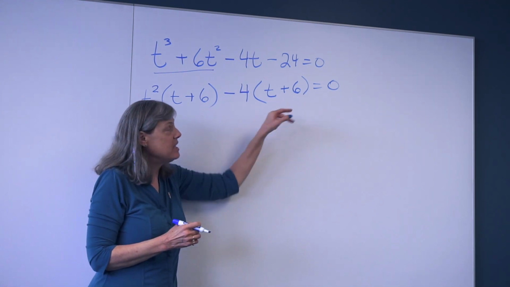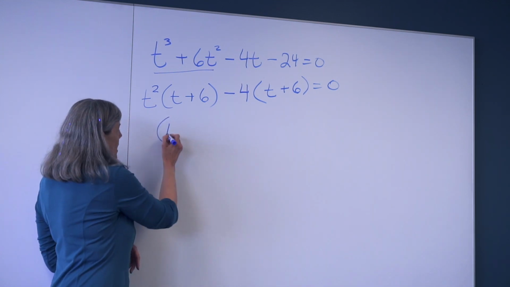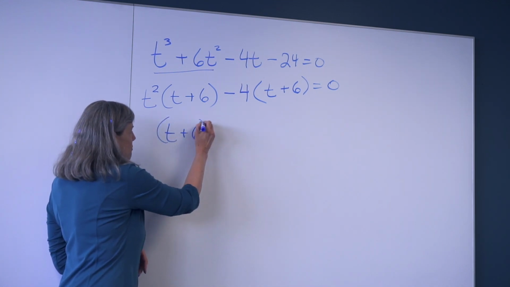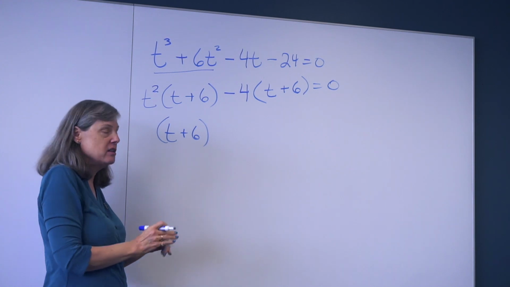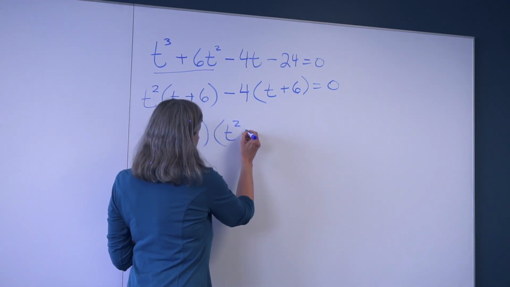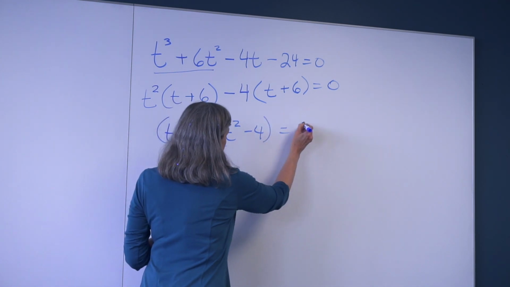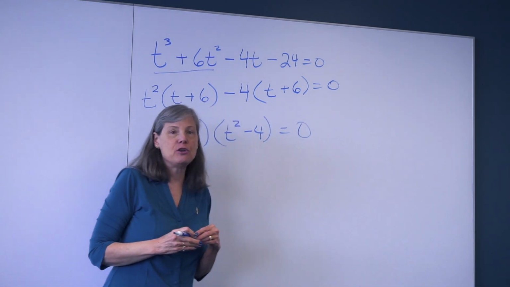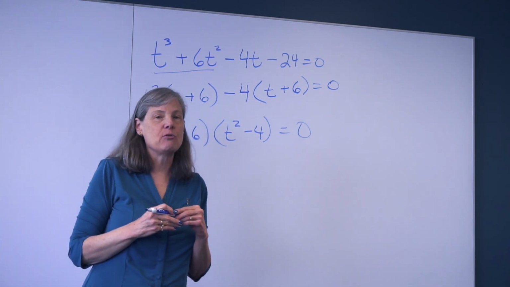Okay? Now the t plus 6 is our greatest common factor, so we factor that out. We always pull it out to the left in the front. And then what I'm left with is t squared minus 4. Now, I want you to close your eyes because this next thing you don't know yet.